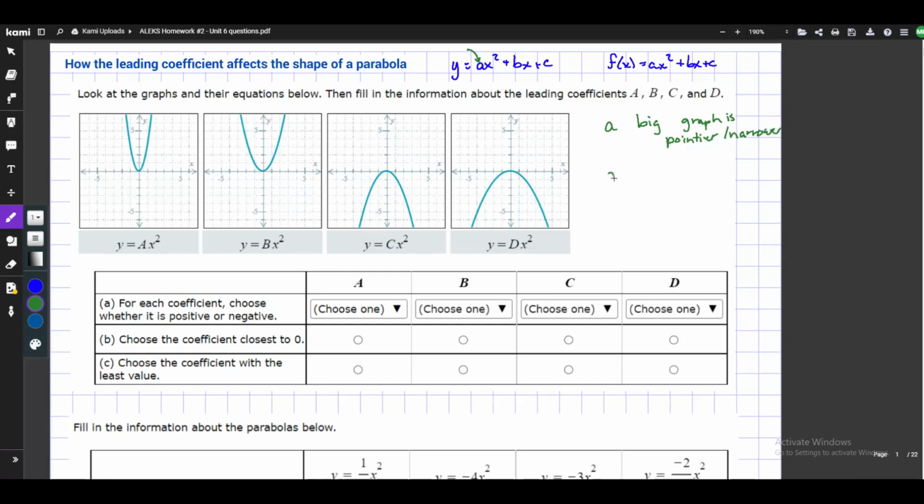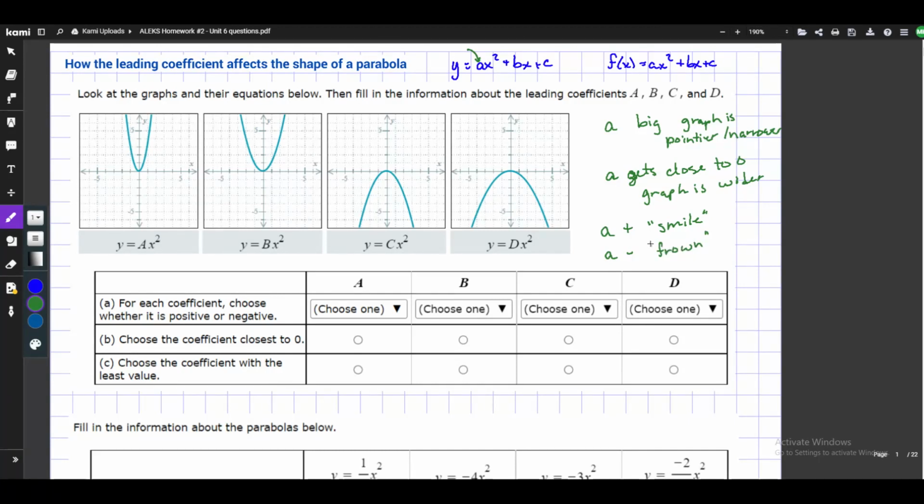As a gets close to 0, it will get wider. And if a is positive, it'll be a smile. If a is negative, it is a frown.